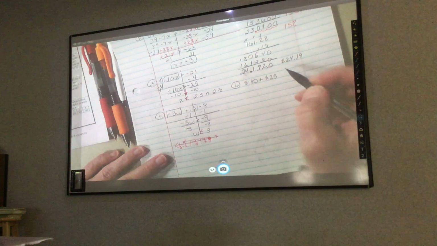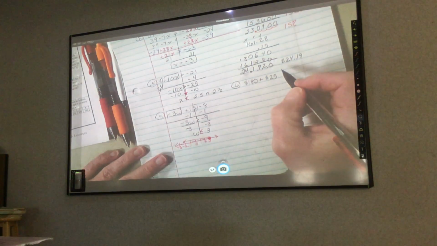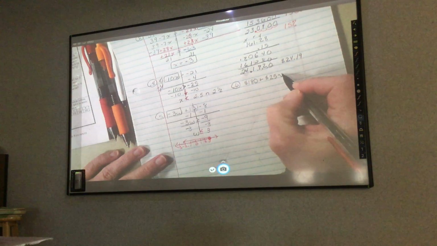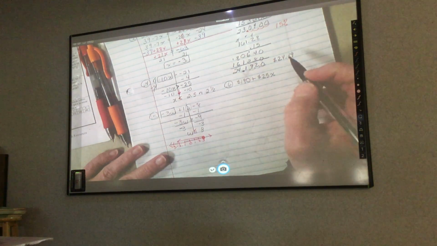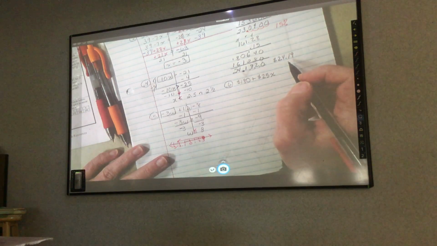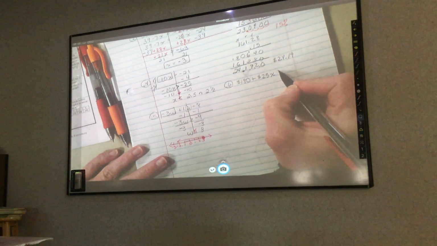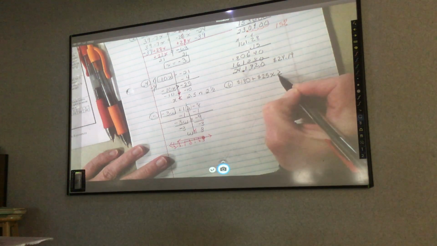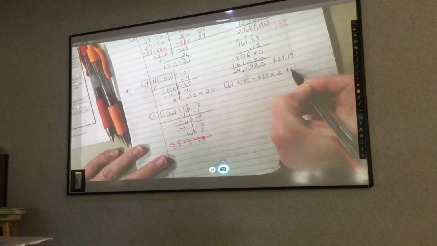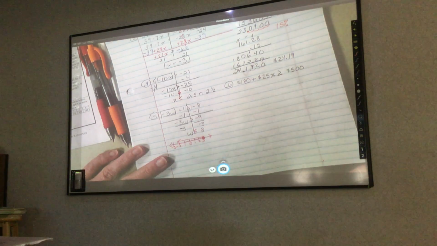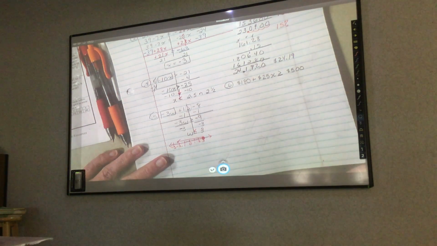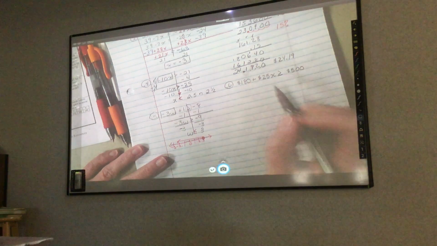Do I know how many sales? No, it says I need to figure out how many sales, so that would be my X, or whatever letter you choose. And if I have to make at least that, it needs to be greater than or equal to 500. Do I have to solve? Nope, it just says write an inequality. So this is our inequality.